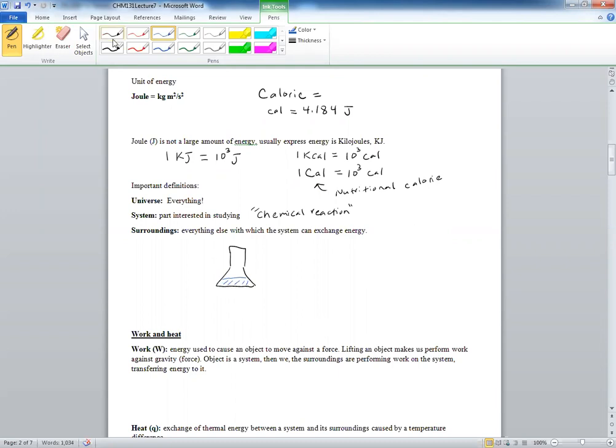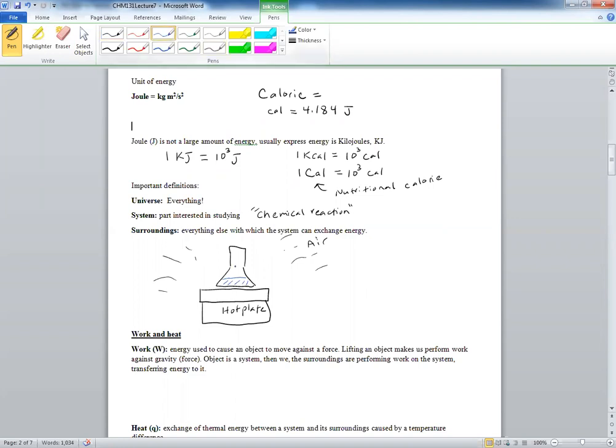And this flask is being, let's say, heated on a hot plate. And of course, there's air in the surrounding, in the vicinity, with its own temperature, all of that stuff.